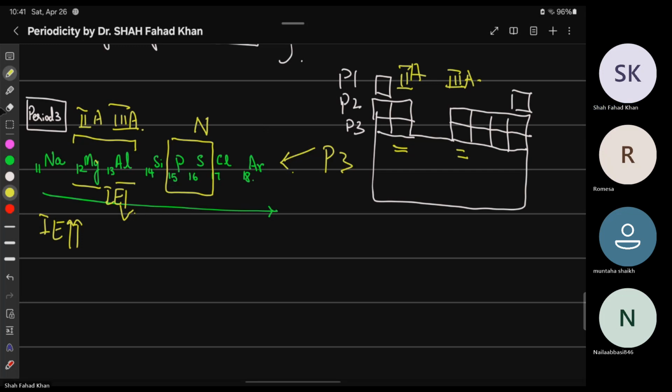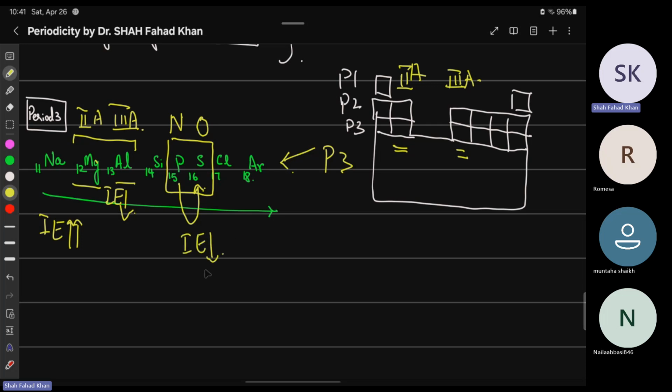Anyways, nitrogen and oxygen, and phosphorus and sulfur. We are talking about period 3 right now. As you go from phosphorus to sulfur, ionization energy also does not follow the trend; it decreases instead. These are the two exceptions to the rule.